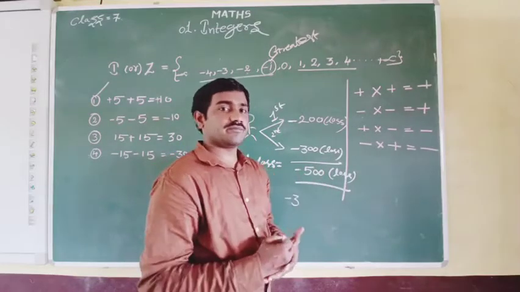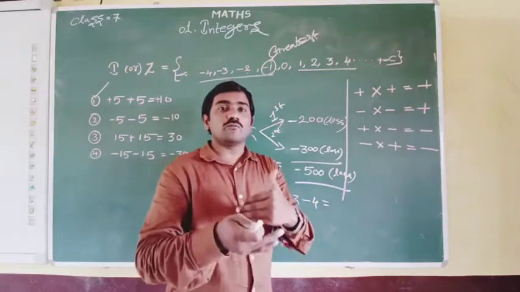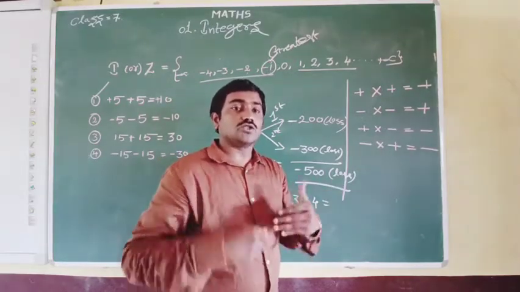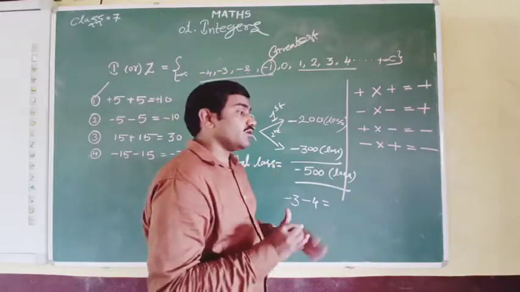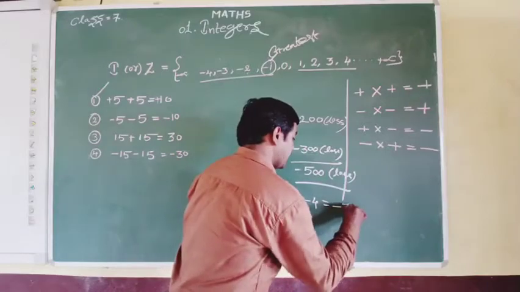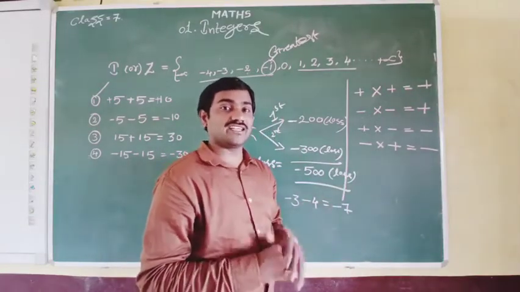The second day, you spent 4 rupees. That means you spent it and you don't have it. What is the total amount you spent? Minus 3, minus 4, you get minus 7.